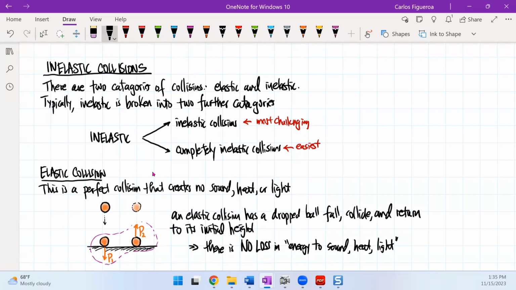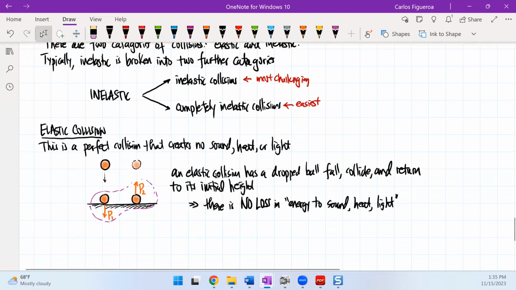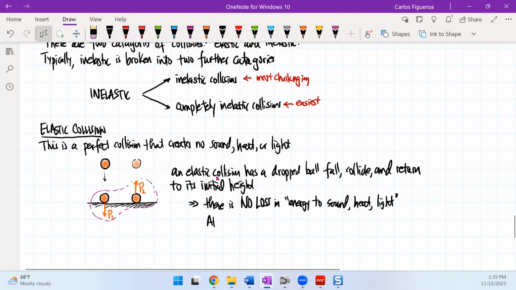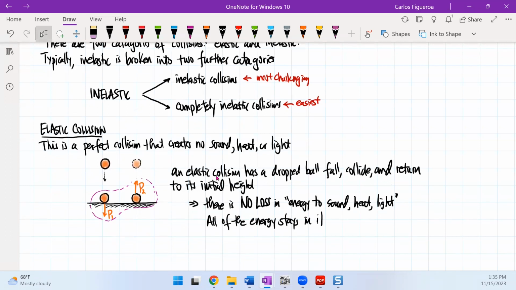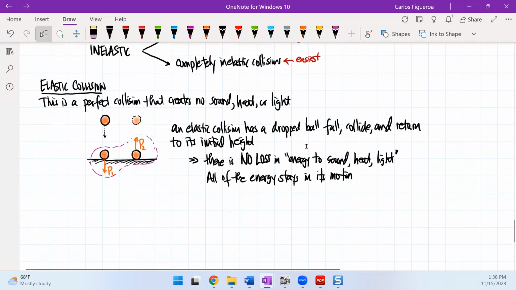All of the energy stays in its motion. And I don't like using the word energy, but there's no way around it.